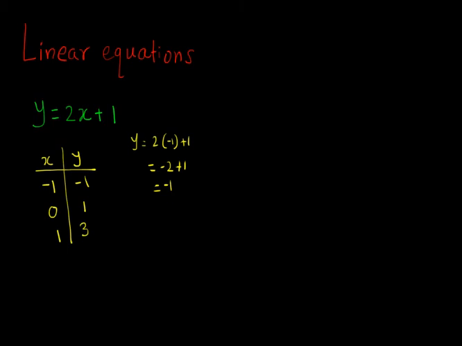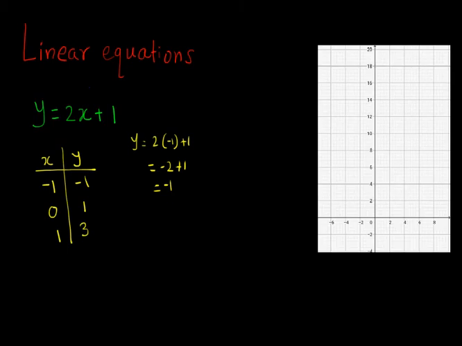Let's show these points on a graph paper. So this is my graph paper, and I want to show these points on this graph. So my first point is -1, -1. It will lie somewhere here.